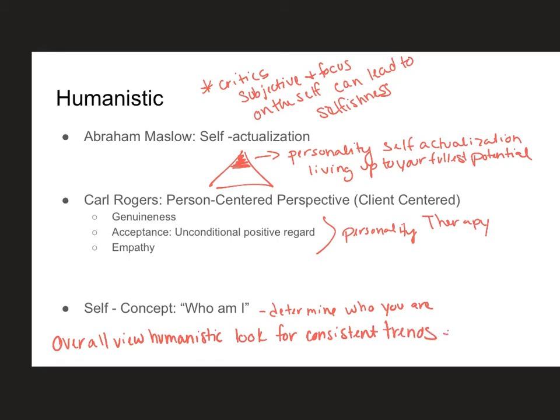Because we all know that we can have specific behaviors that can be impacted by a lot of factors. So you may have a bad day. So overall, though, consistently, who are you?